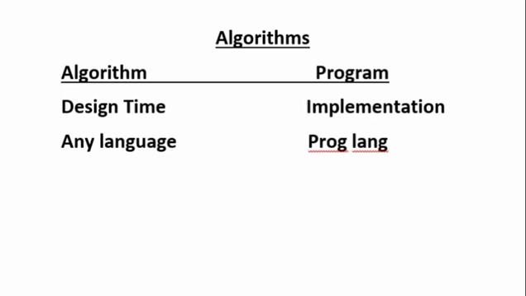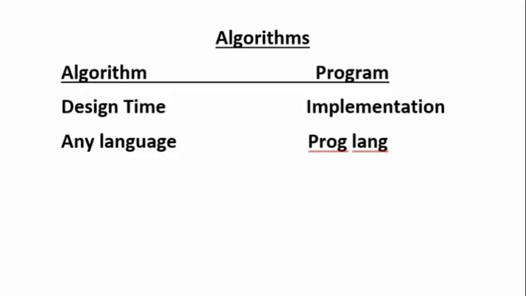First you will write the algorithm, then you will analyze it and study it: if I write a program or code for it, will it work, will it be efficient, time efficient, cost efficient, space efficient, memory efficient, or will it be the worst case? For that you have to design an algorithm.